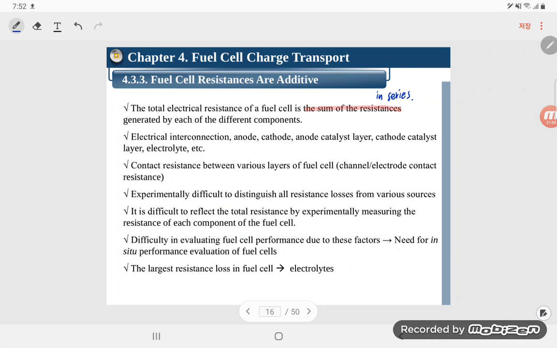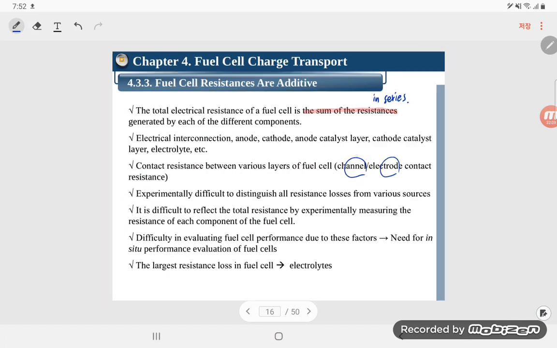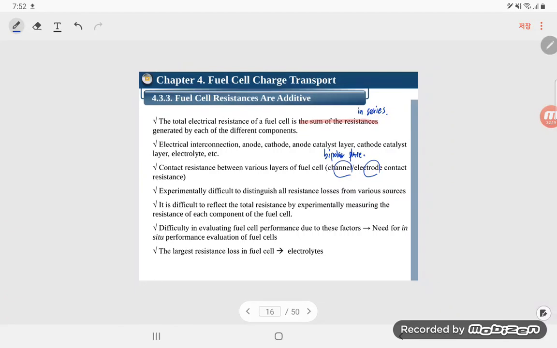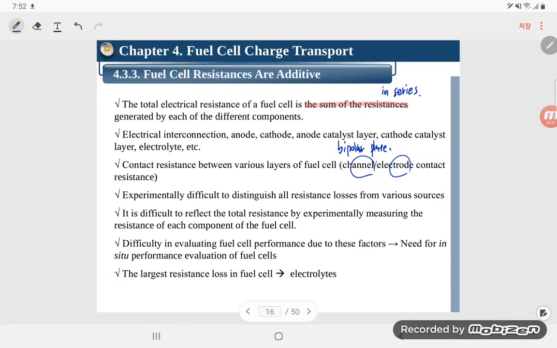These are some of the components, right? And contact resistance between various layers of the fuel cell, the channel electrode contact resistance, or GDL, right? In this, the channel means the bipolar plate or flow channel. And it is experimentally difficult to distinguish all resistance losses from various sources.